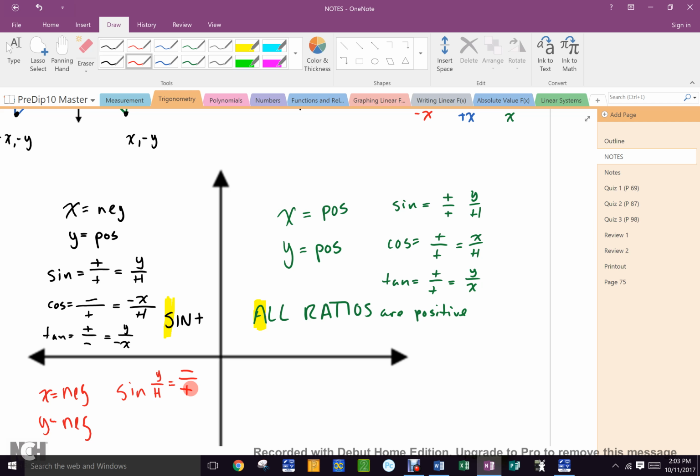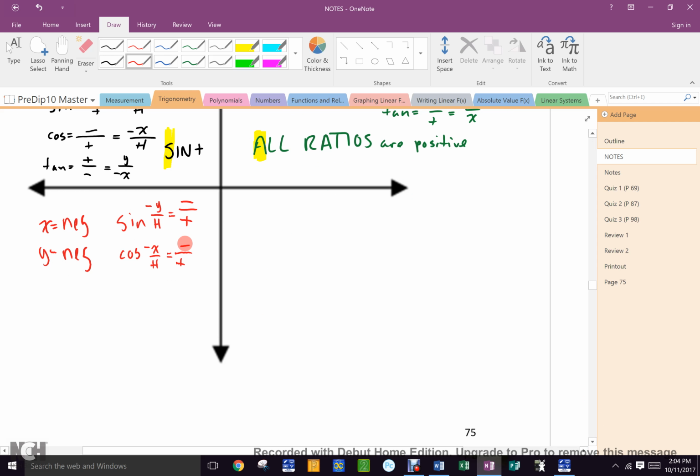Excellent. What is cos? Cos is x over h, isn't it? Is x negative? So cos becomes negative over a positive. What happens when I divide a negative and a positive?